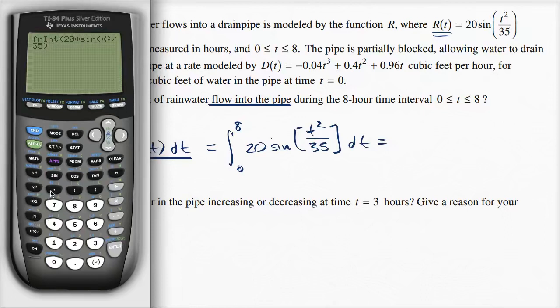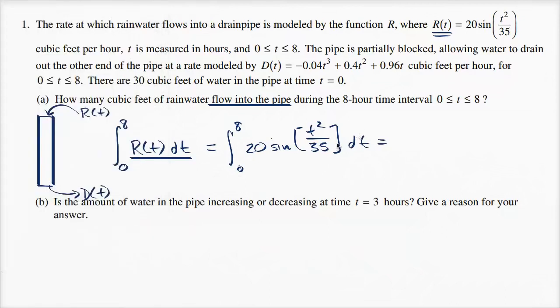Then a comma, to make it clear that I'm integrating with respect to x. I could have put a t and integrated with respect to t, and we would get the same value. Comma, my lower bound is 0, and my upper bound is 8. Close the parentheses, and let the calculator munch on it a little bit. And we get 76.570, so this is approximately 76.570.